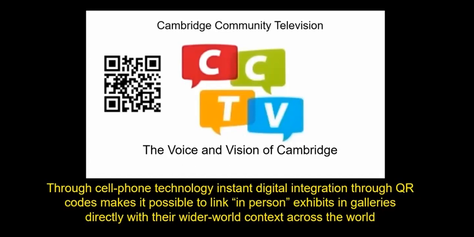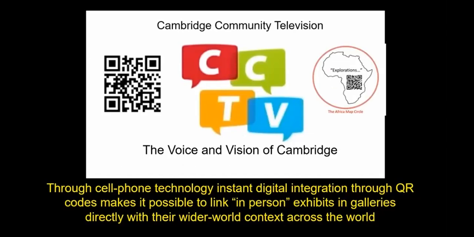So if you learn about the Africa Map Circle from a TV broadcast, you can scan in the code. And it's as if you're taking notes on the whole thing and are able to get out to the original material.